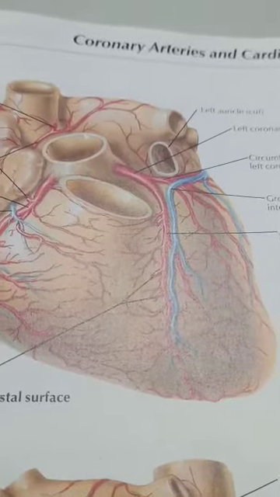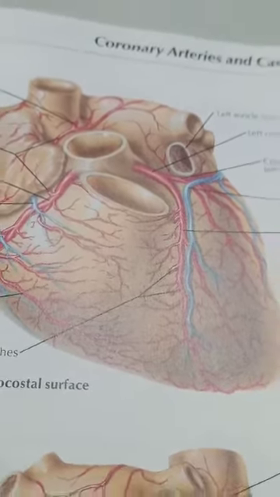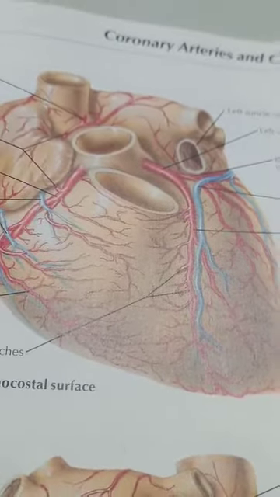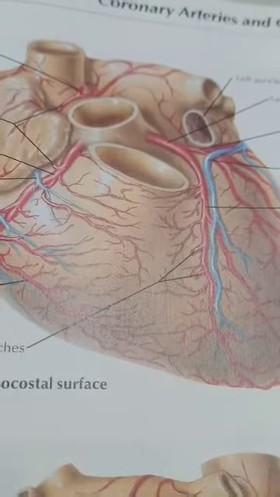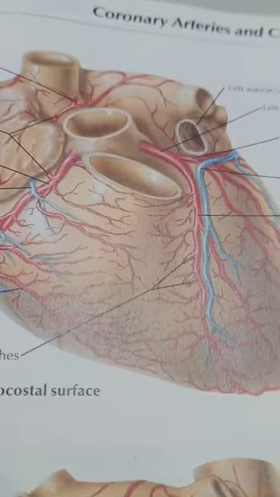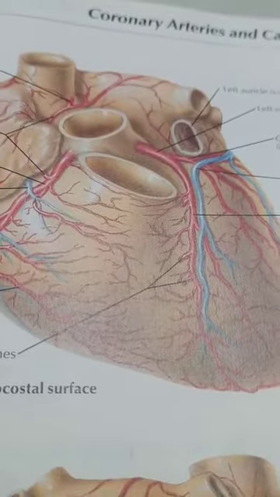That is why they are known as functional end arteries, and we will see this in detail. There are two coronary arteries, the right coronary artery and the left coronary artery, and both are branches of the aorta.